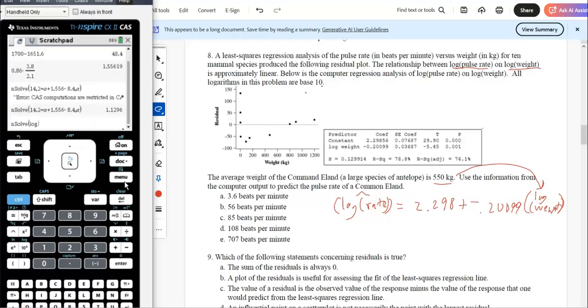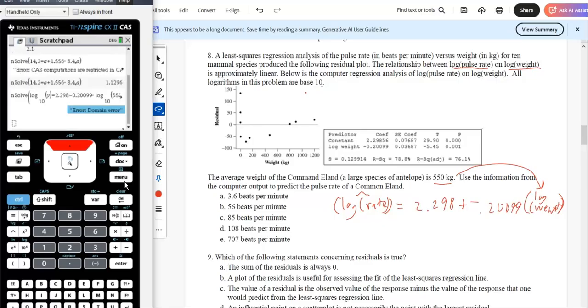So log of y equals 2.298 minus 0.200 times log of 550, comma y, I think we're solving for. Let's see what it did.